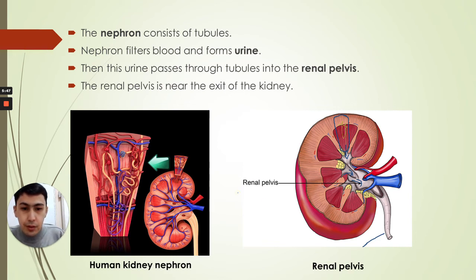This part is called the renal pelvis, and it is located next to the exit of the kidney. After the renal pelvis, the urine goes to the ureter. Here is the artery that goes in and out of the kidney.